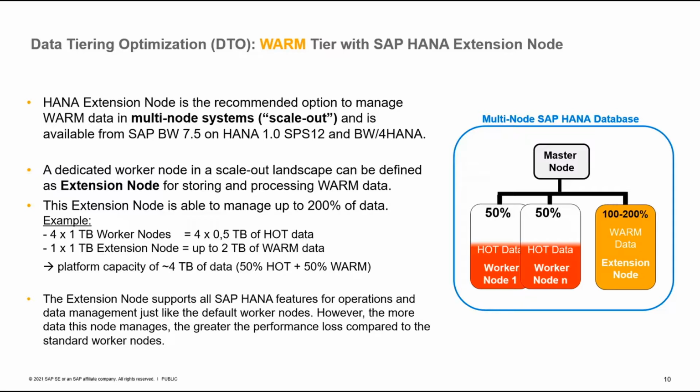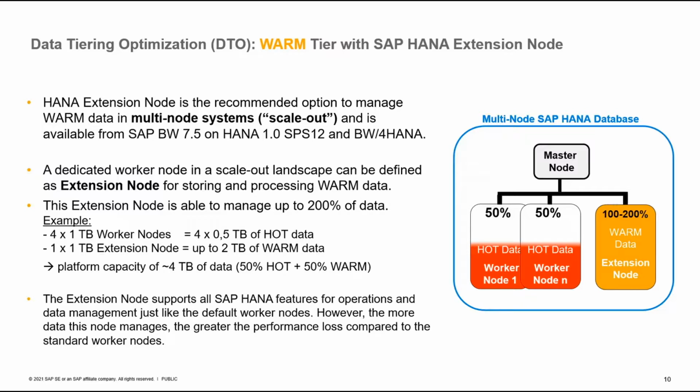So we have a little example here. Let's assume we have 4 1-terabyte worker nodes. Those can then manage about 2 terabytes of hot data. And then a 5th node would be available, which can manage up to 2 terabytes of warm data. So we have in this platform a capacity of about 4 terabytes. 50% of the data is hot, and the other 50% would be warm.